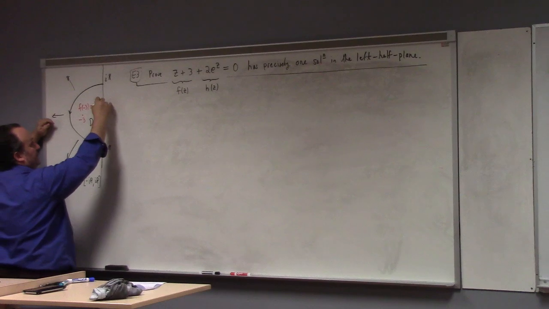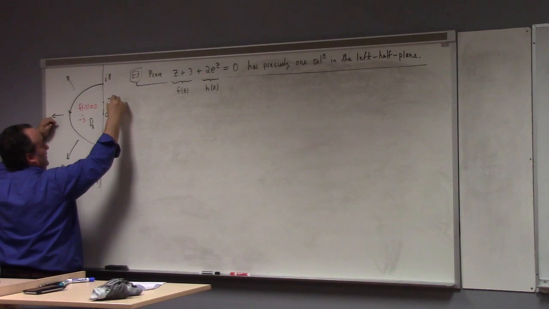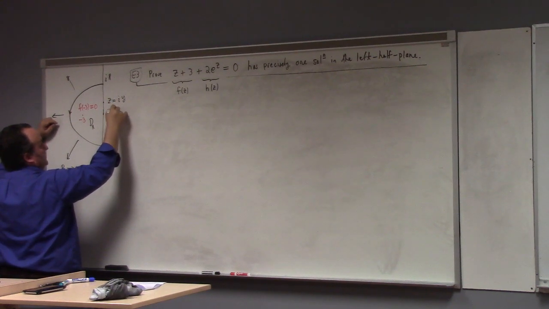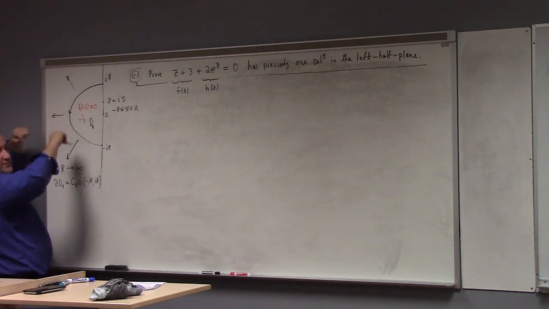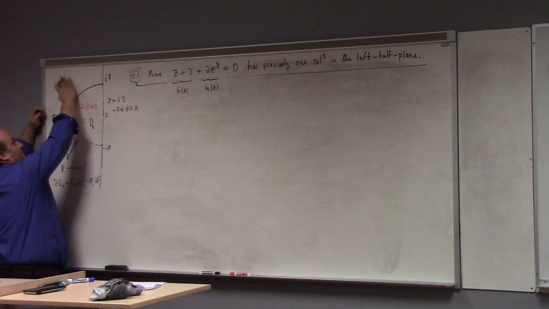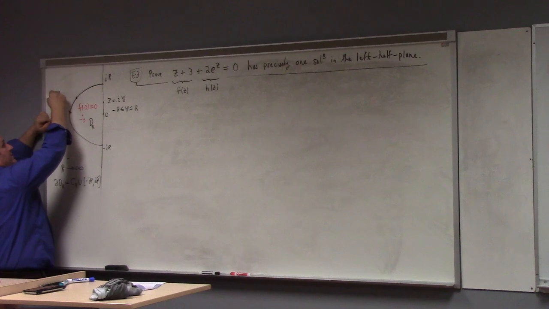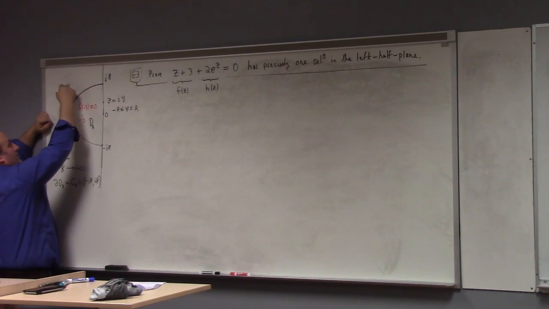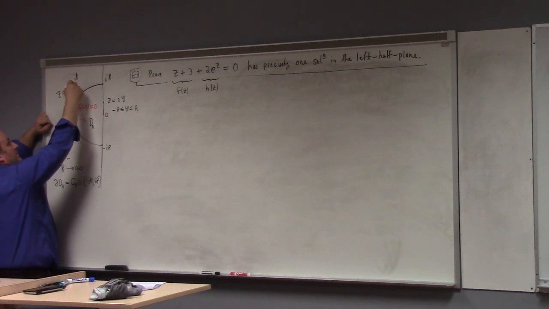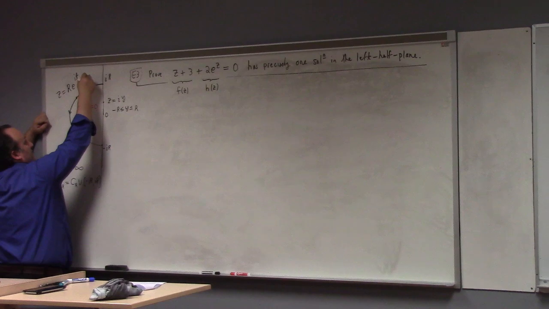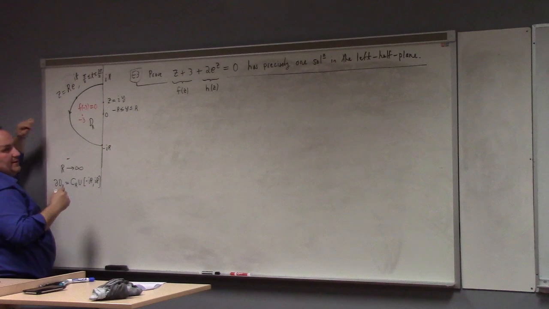So for this part, a typical point is z equals iy, with minus R less than or equal to y less than or equal to R. That describes these points. Over here, a typical point is z equals R e to the it, for maybe pi over 2 less than or equal to t less than or equal to 3 pi over 2, right? We could do that.